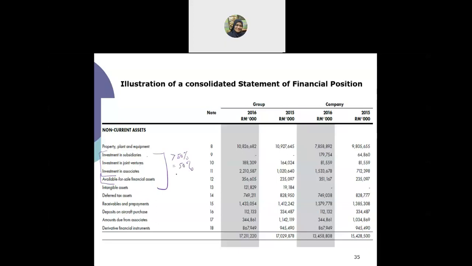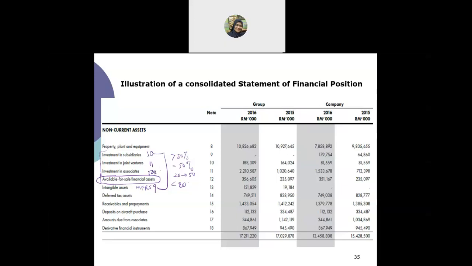Investment in associate, between 20 to 50%. Available for sale here is less than 20%. So this is your normal investment, which is related to MFRS 9. This one is related to MFRS 10, this one is 11, this one is 28. So this is how we're going to present.